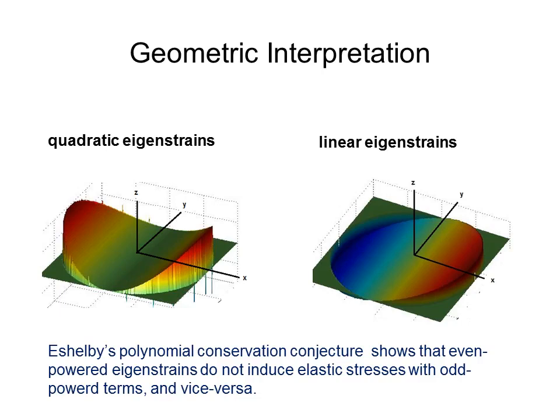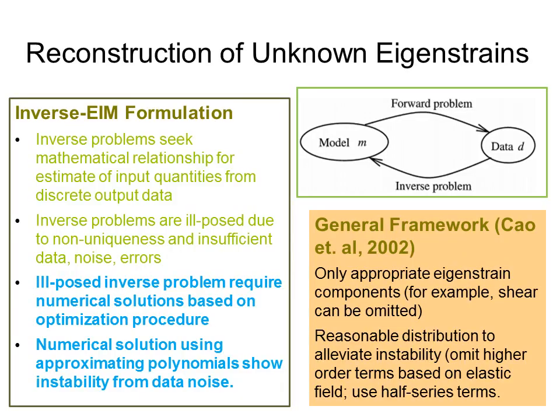And if you have linear eigenstrains, it is supposed to induce the elastic strains with linear terms and no constant terms and no quadratic terms. So this is the geometric validation for this conjecture.